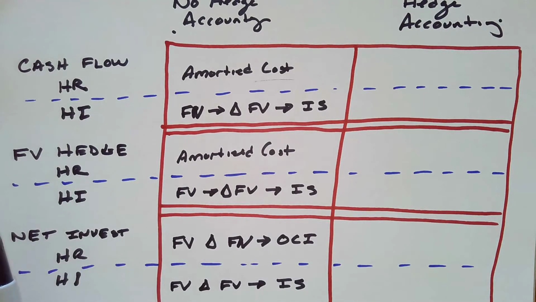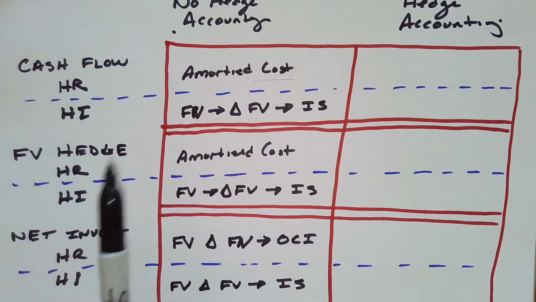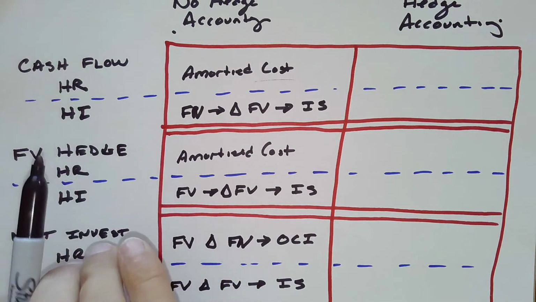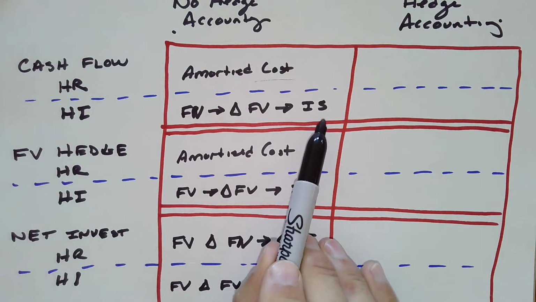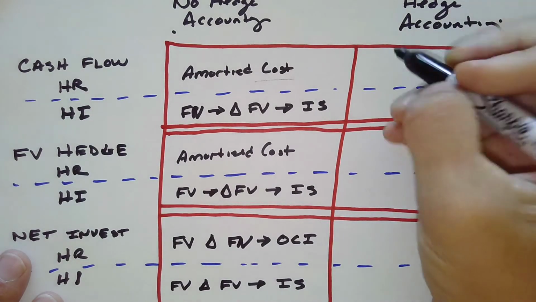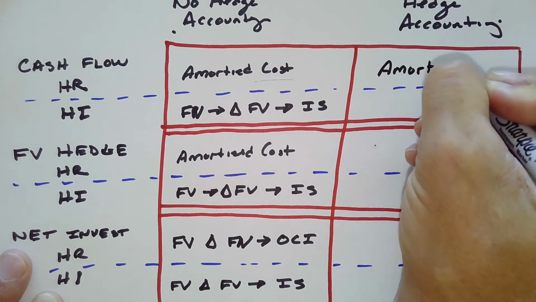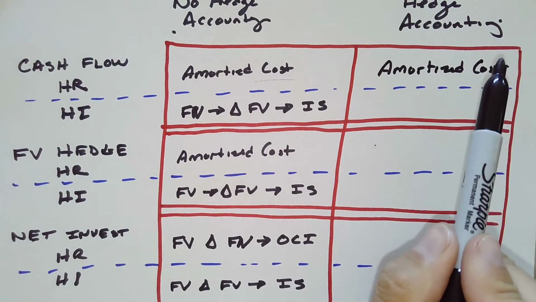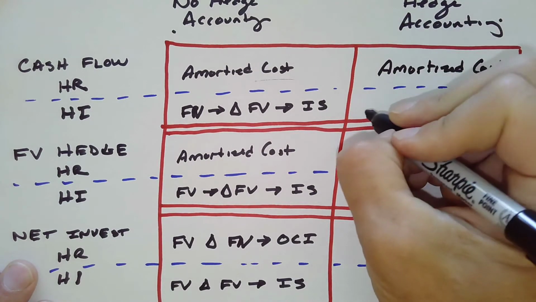So what happens? What changes? Well, let's do the cash flow hedge first. Well, in the cash flow hedge, the hedging instrument, that's going to change. But the hedged risk, that doesn't. The hedged risk is still going to be at amortized cost. What happens to the hedging instrument is it's still going to be at fair value.